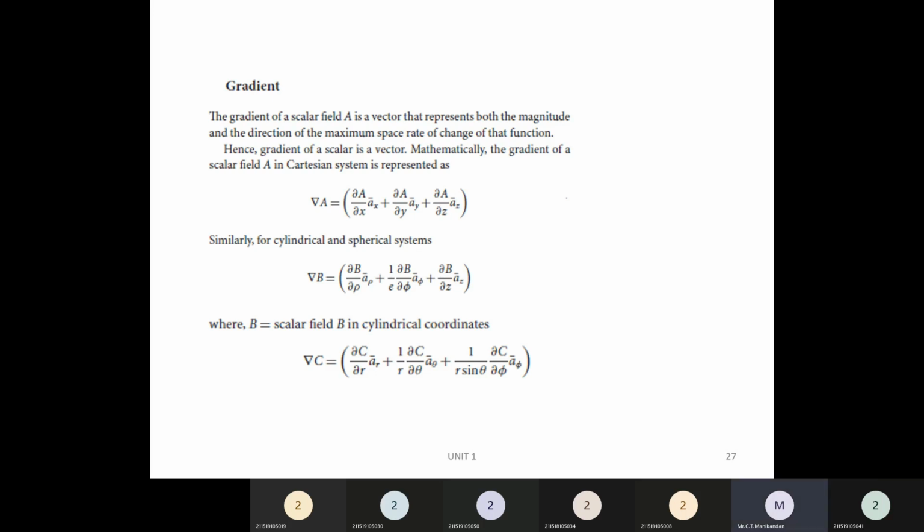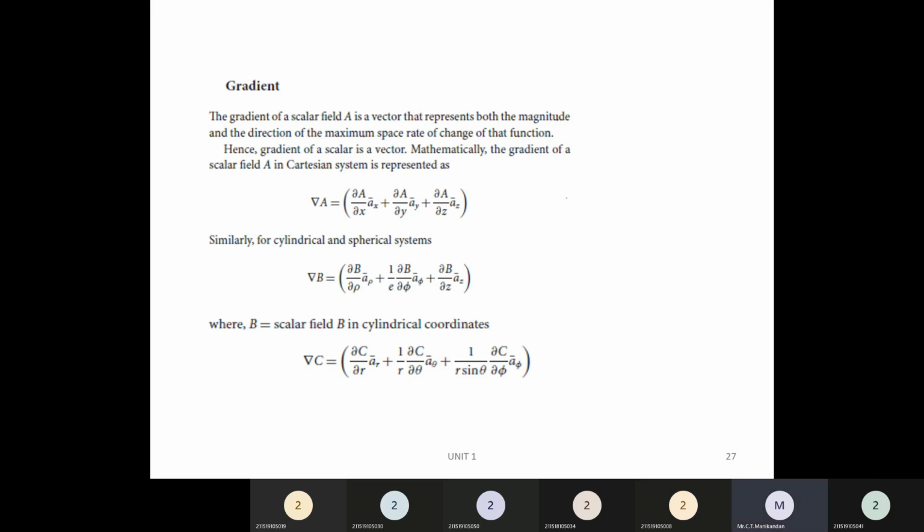Depending upon the type of coordinate system you are using, it will vary. We have to be thorough with these formulas also. So don't think that the gradient, divergence and curl you are studying will be simple from the starting itself.